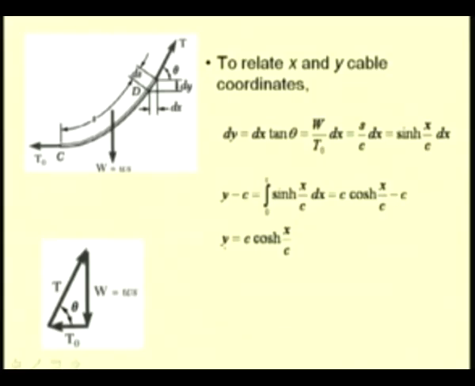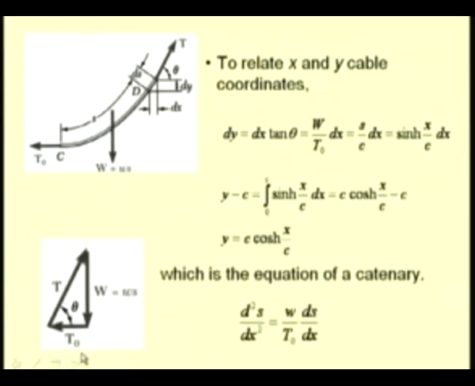If we rewrite this, it is y equal to c cos hyperbolic x by c, which is nothing but the equation of a catenary.